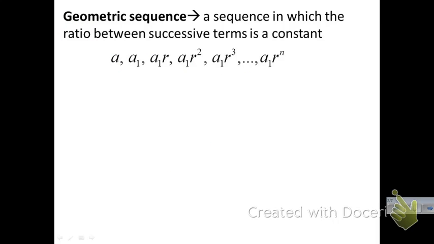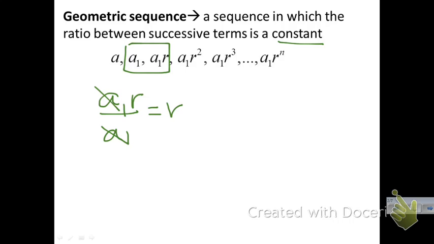Now if we look at this sequence, we have a sub 1, a sub 1 r, a sub 1 r squared, a sub 1 r cubed, all the way out to a sub 1 r to the n. We're going to take these two terms and see if we get that constant. If we take the ratio, we would say a sub 1 r is to a sub 1. The a sub 1's divide out, and you're left with r.